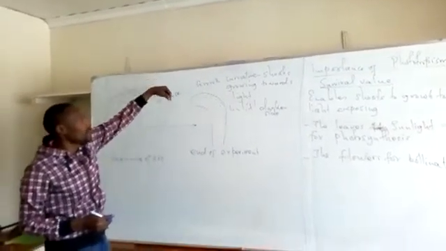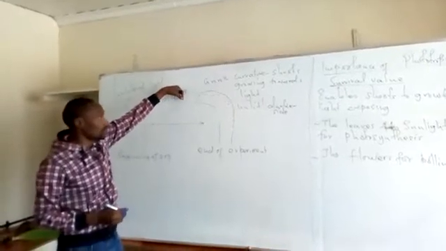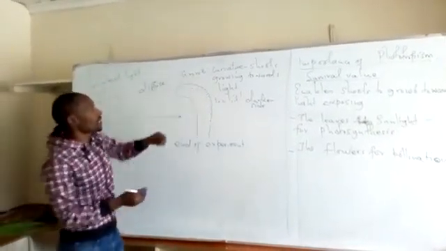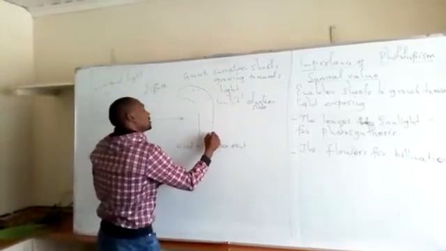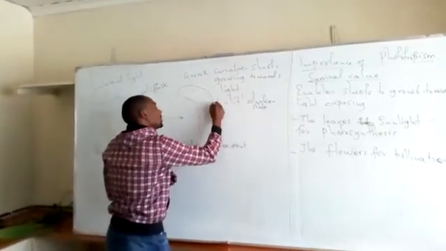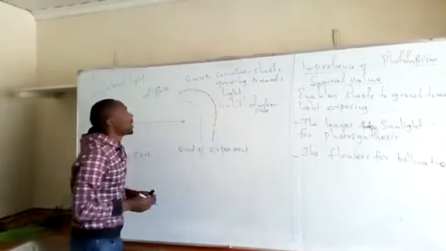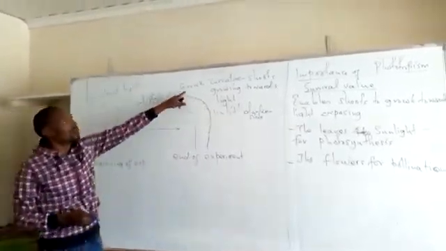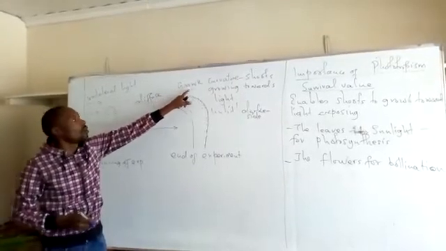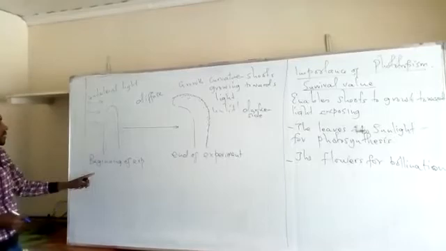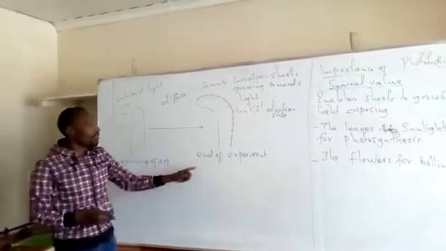Remember, we said that the higher the auxin concentration in the shoot tip, the higher the rate of cell elongation. So we expect the cells in this region to elongate much faster, and therefore the curvature or the bending will be towards the source of light, as it can be observed at the end of the experiment.